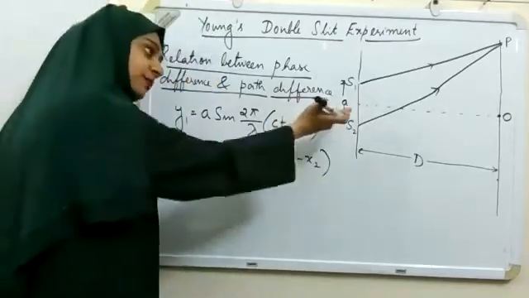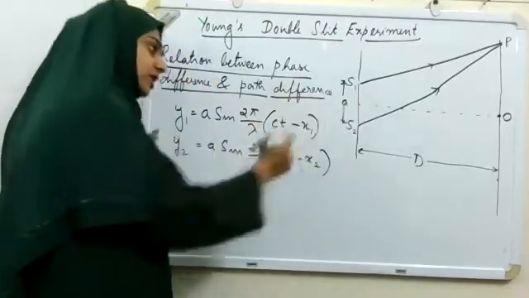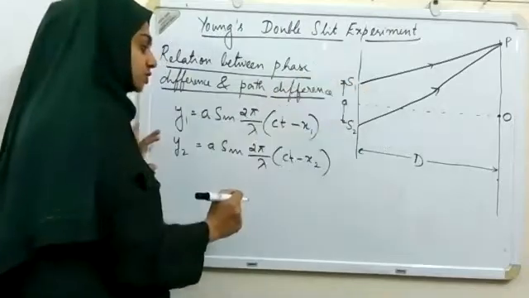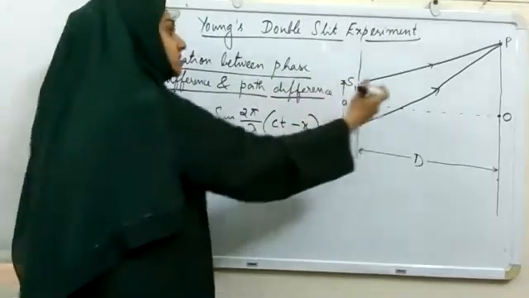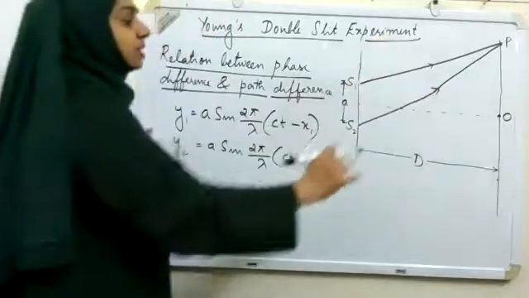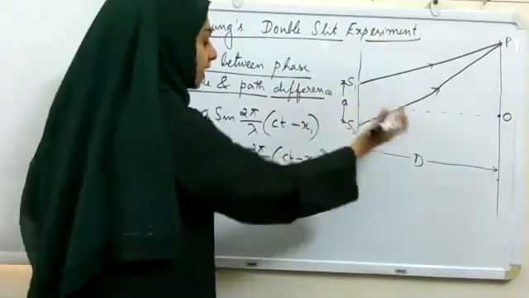Both have the same wavelength because they come from the same source, and the speed of light is the same, considering the experiment is conducted in vacuum.